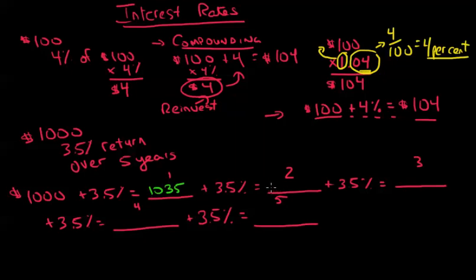So from that first year, we'd have $1,035, and then from the next year, we just keep adding that 3.5%, hitting the equal sign, and we get $1,071.23. And then we just keep going, same thing, plus 3.5%, and you'll get $1,108.72, and keep going.